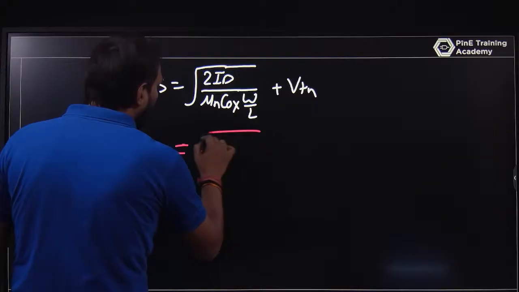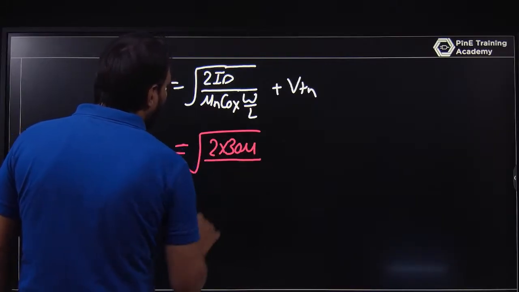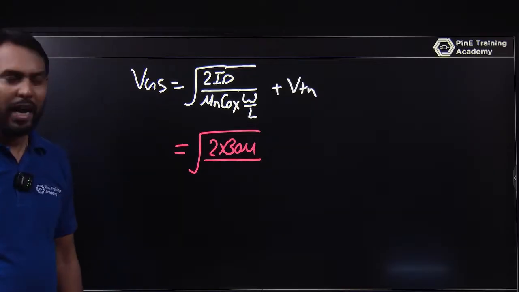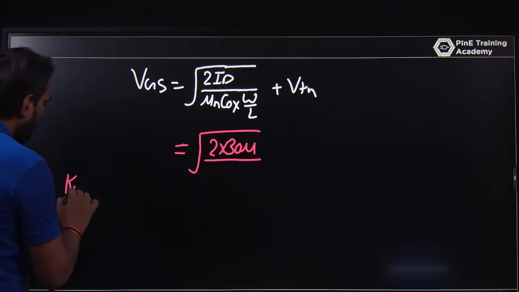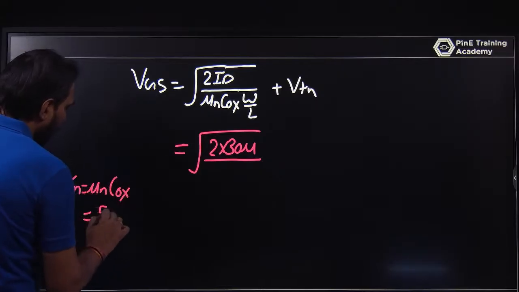We have 2 ID as 30 micro, and mu n COX, I am assuming Kn is equal to mu n COX, that is 50 micro.